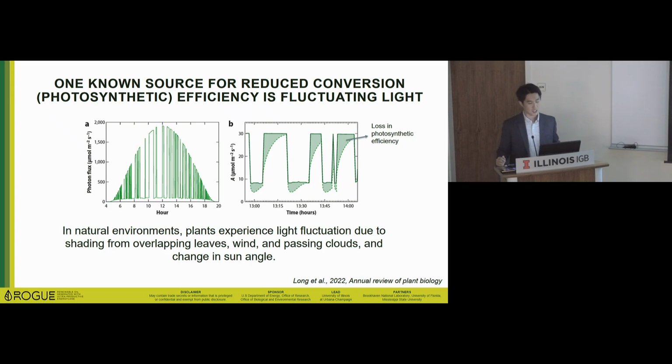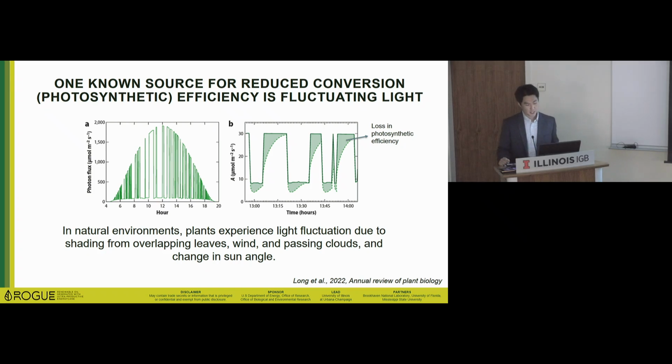Panel B shows how much the photosynthetic rate changes during the fluctuating light. In panel B, the x-axis indicates time and the y-axis indicates photosynthetic rate. The solid line indicates the expected photosynthetic rate, and the dotted line indicates the actual observed photosynthetic rate.